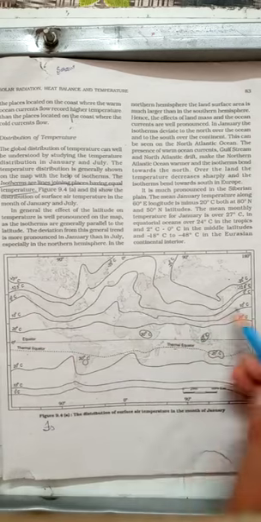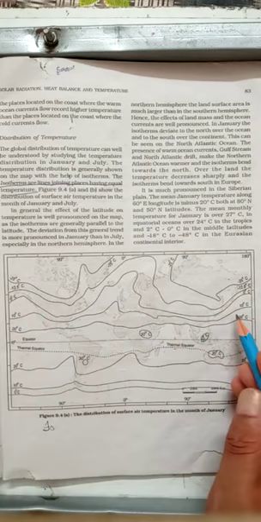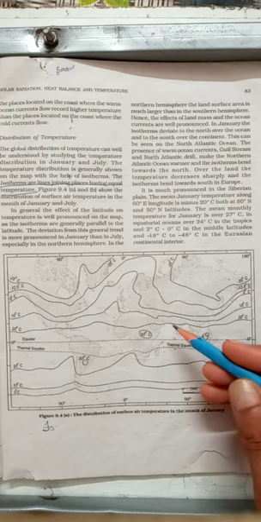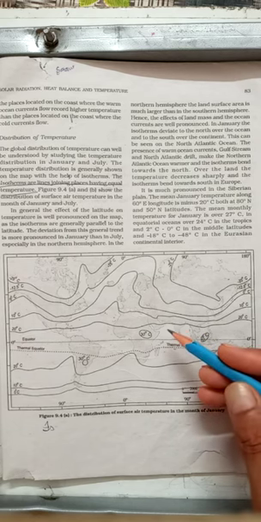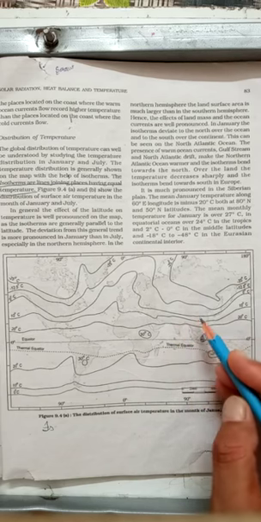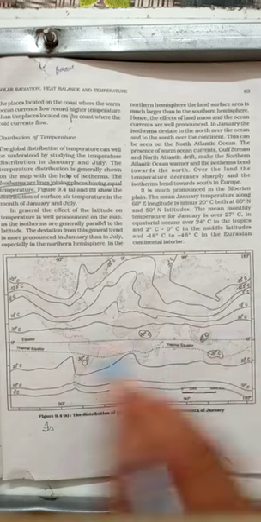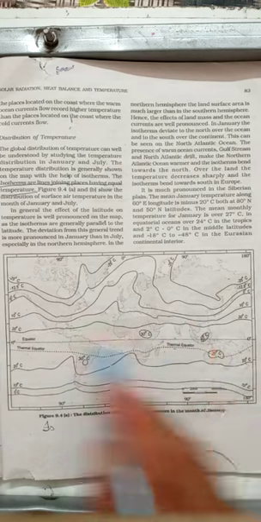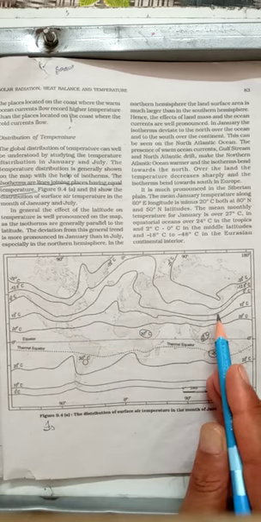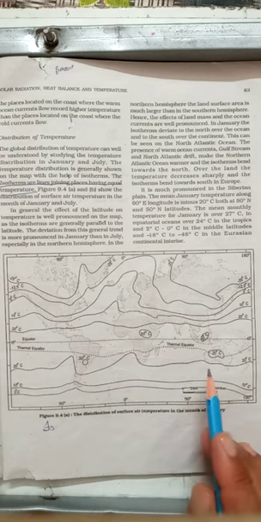All are running from east to west, which represents the influence of latitude, and is the evidence of the dominant control of latitude on the horizontal distribution of temperature. The isotherms are relatively more regular in the southern hemisphere than the northern hemisphere.